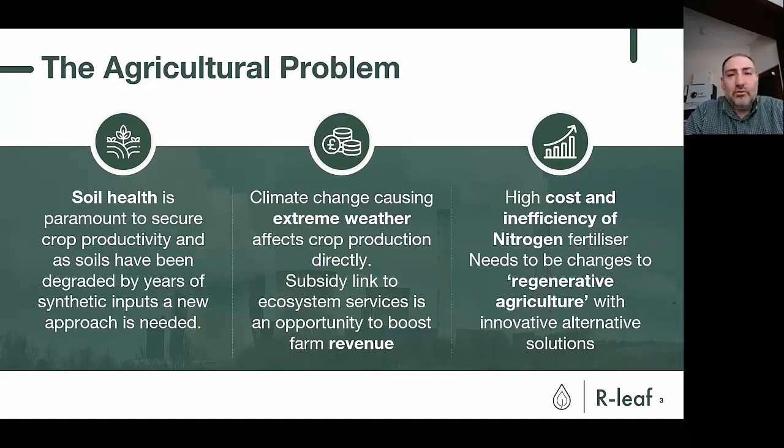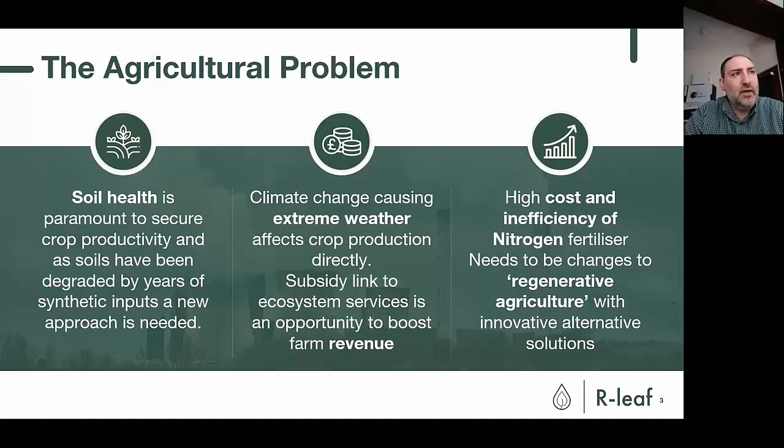Climate change is also causing extreme weather events, and we're experiencing this. There is also a link to subsidies that are now closer to ecosystem services. They want the farmer to be the provider of ecosystem services, and that's how they can qualify for some subsidies. That is something that we're also tapping into.